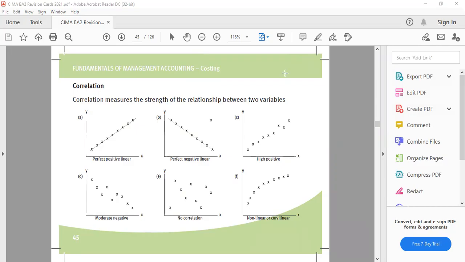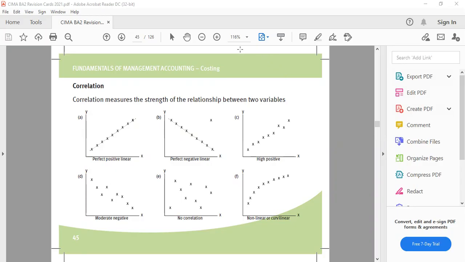When the relationship is calculated, we understand whether there is a positive relationship, a negative relationship, or no relationship. The relationship is explained by way of various graphs. The first example is perfect positive linear.